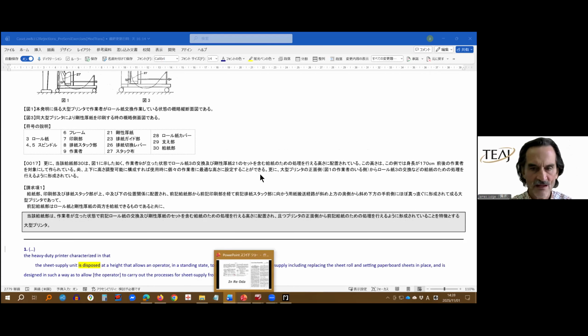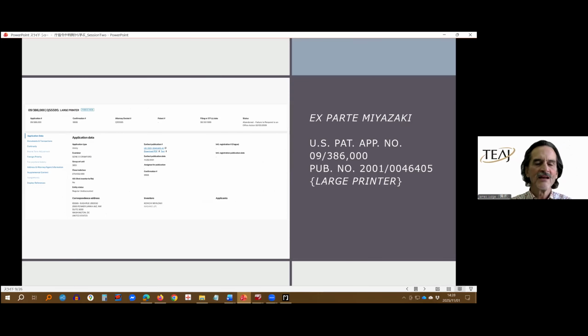Let's see, I think I have it in my slide. Let's look at the history of this case. So I've got the information here in the slides, the patent application number and the publication number. The title was Large Printer.